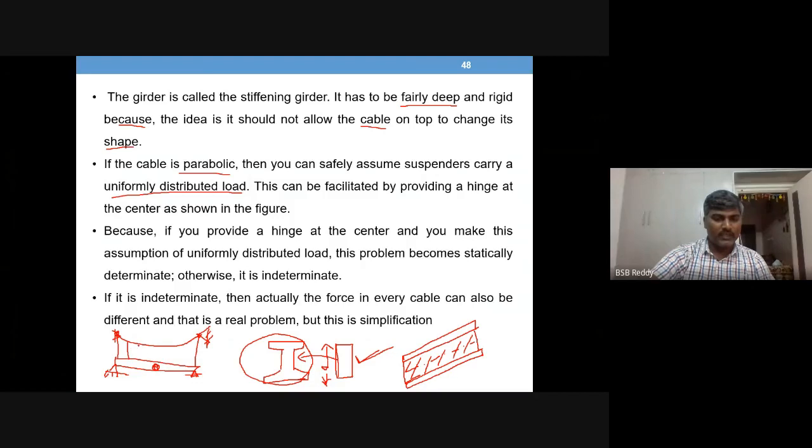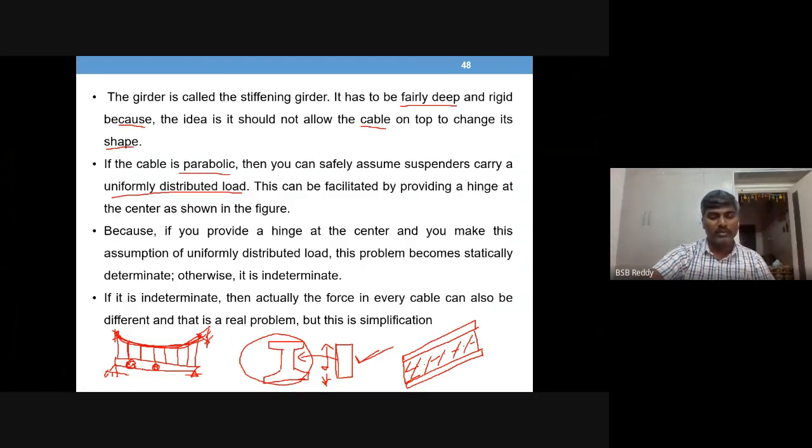This cable is connected to the girder in the form of suspenders. All these vertical wires are known as suspenders. This is the main cable, and the main cable is connected to the girder by suspenders.